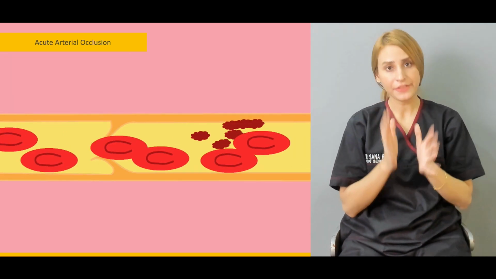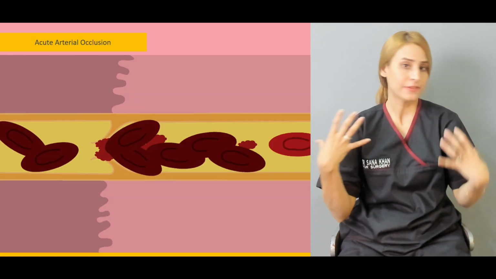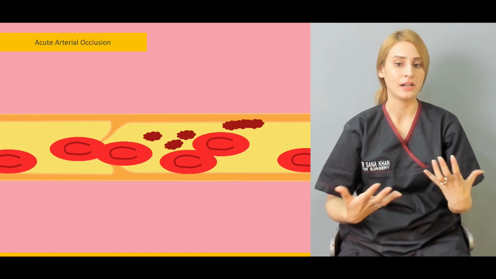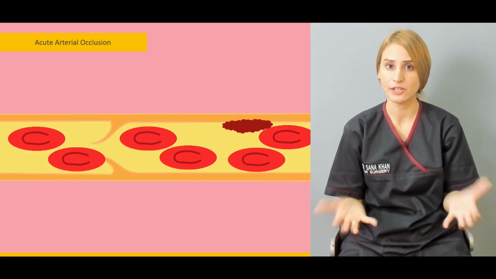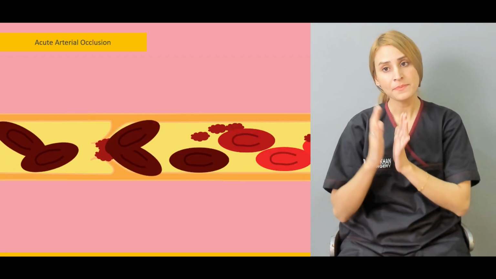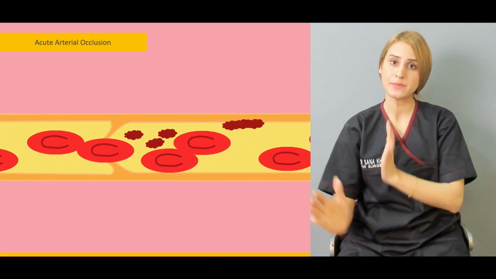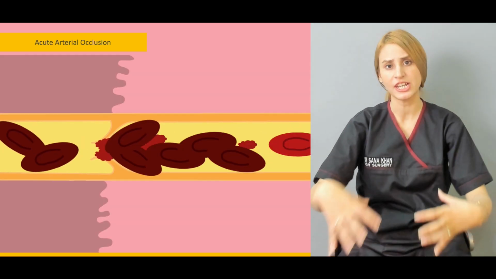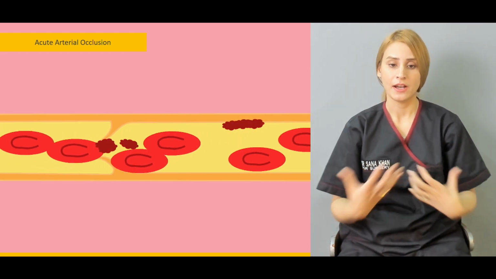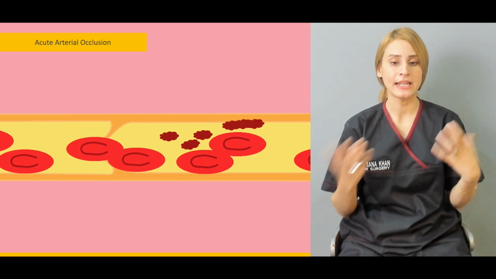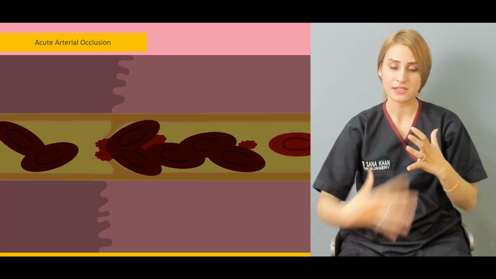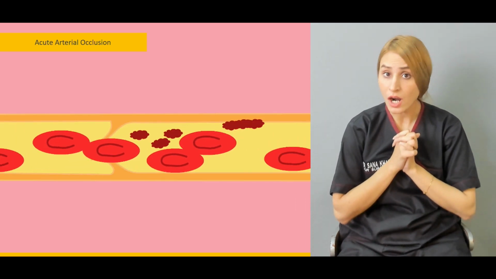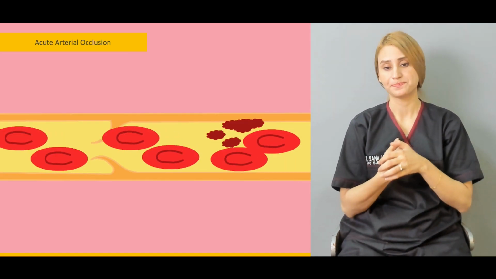Now the thing is, if there's a 50% occlusion, there's a term which is called critical stenosis. If there is a 50% occlusion, collateral channels develop, and because of the development of the collateral vasculature, there is no compromise in the blood supply.